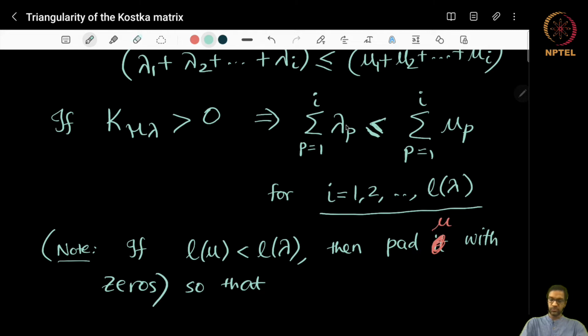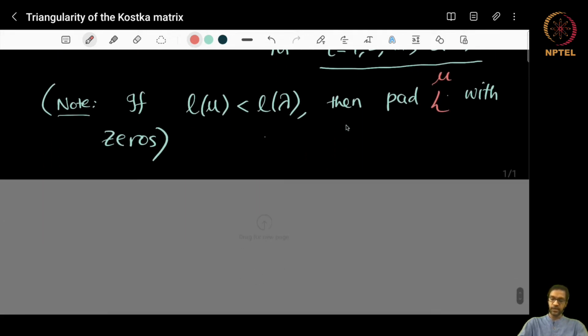So you just put in those additional zeros so that both vectors have the same length. But you'll see in just a moment that that case is never going to arise. Okay, good. So this is just to ensure that the definition is clear.